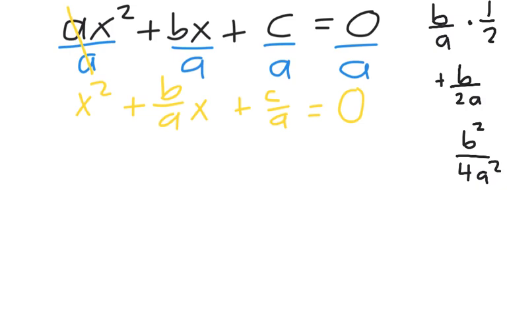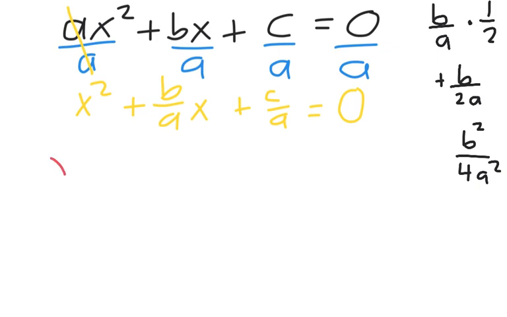So what have I done? I've taken my B term. I halved it. I squared it. Okay, now what do I do with this number? We add this value to both sides. So I need to add B squared over 4A squared to both sides. So let's do that now.